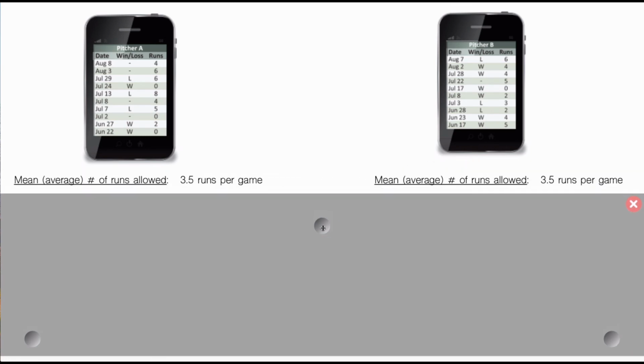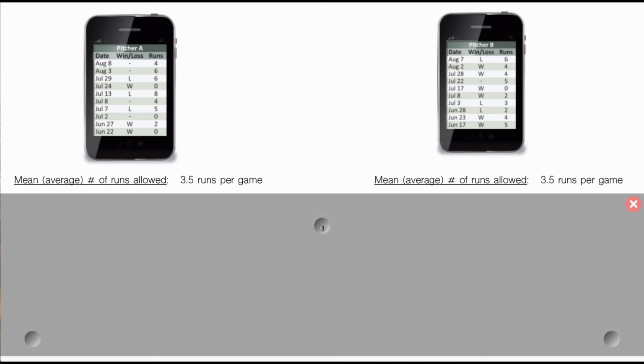Well, the first thing you might look at if you're in the data department of the baseball team that's looking to make the trade, you might say, well, what's the average amount of runs that they've allowed over the last 10 games? Well, if you sat there and found the average, you'd find that pitcher A, on average, has let up 3.5 runs per game.